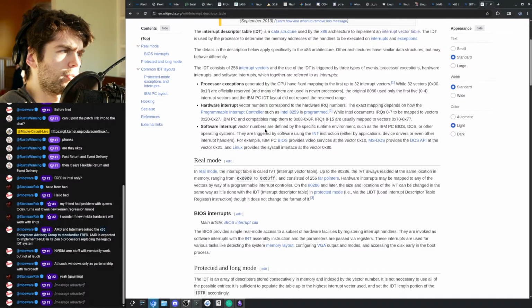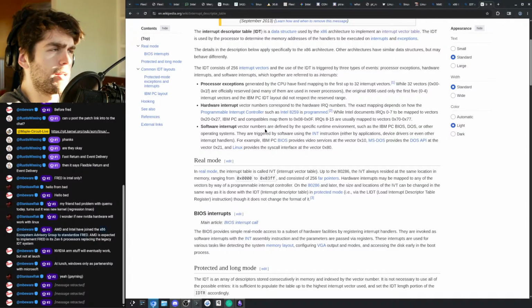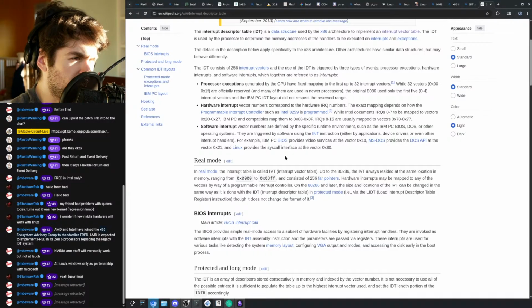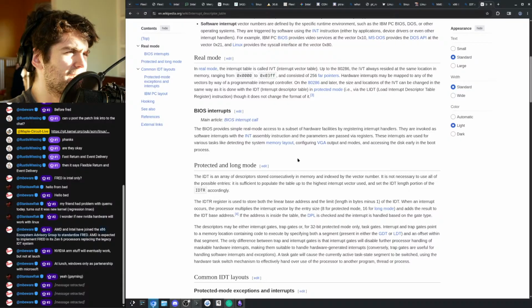And Linux provides the syscall interface at the vector 0x80. Okay. Am I to believe that you can just modify these? Oh no, you would need to be in kernel mode for that, so you're never going to be able to do that while being a user. Okay, this makes sense. Cool.